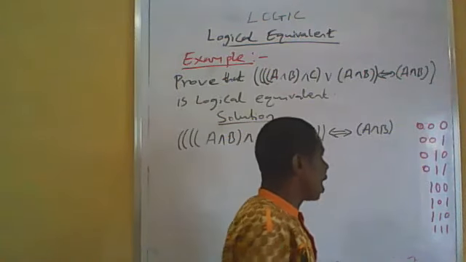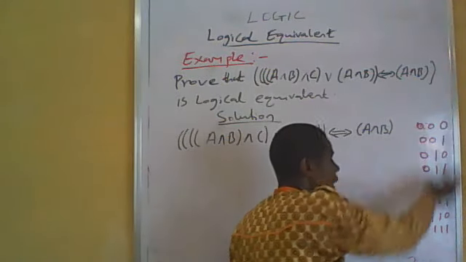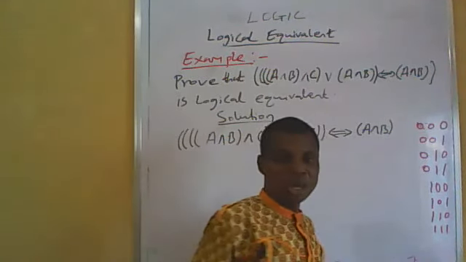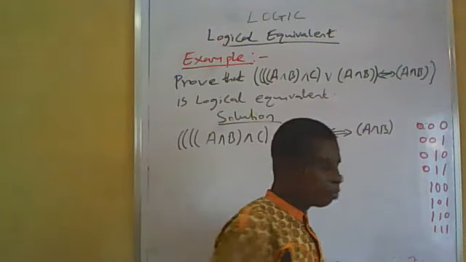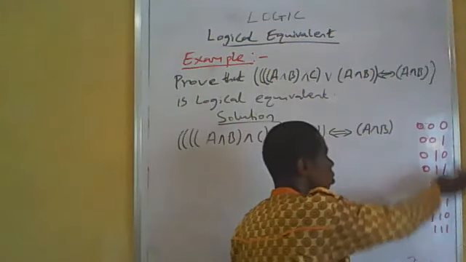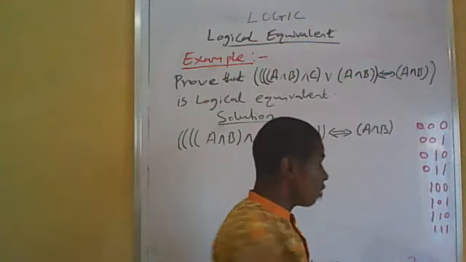So, if you like, you can start from lowest to highest, but normally you start from highest to lowest. So here you have 1, 1, 1.